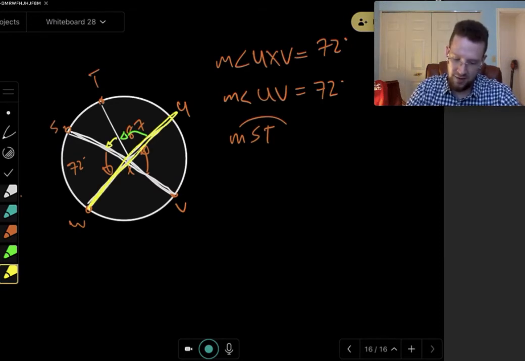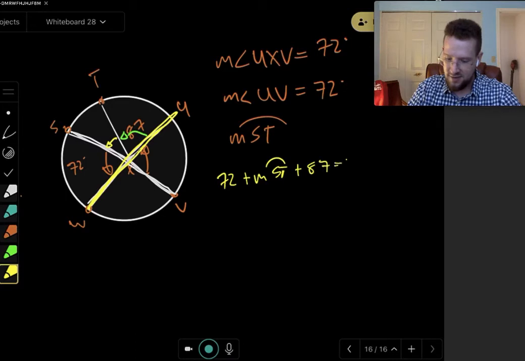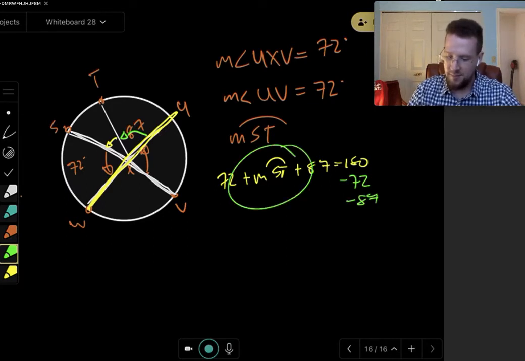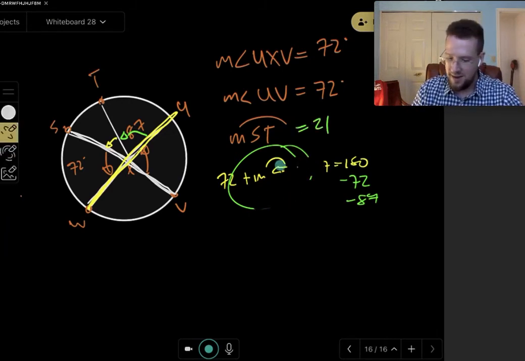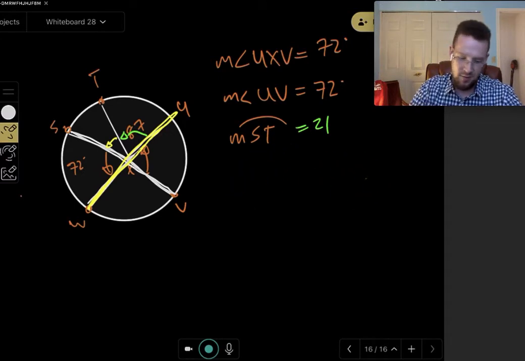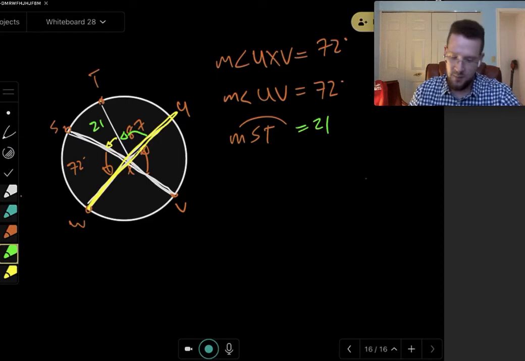WU is a straight line, and so I can do 72 plus the measure of arc ST plus 87 is equal to 180, and simply subtract these two values from 180. And we get what we're looking for, the angle measure of this arc, and this would be 21. So again, just some familiar stuff here that we're doing. Let's look at some other ones. Let me just put 21 in here so I know.